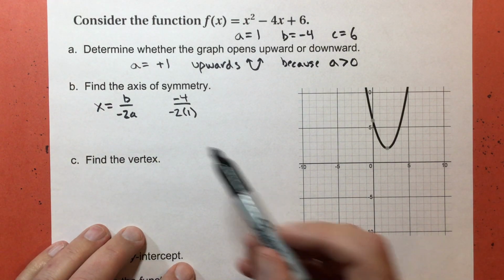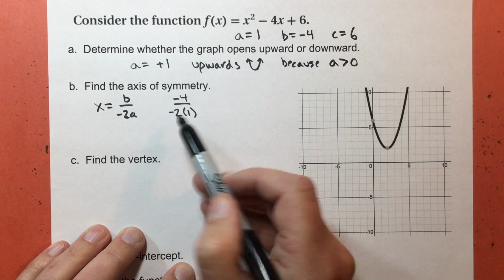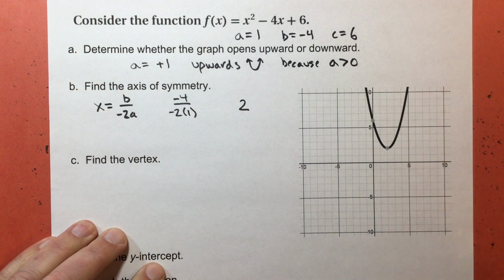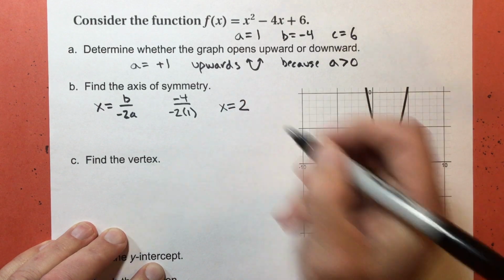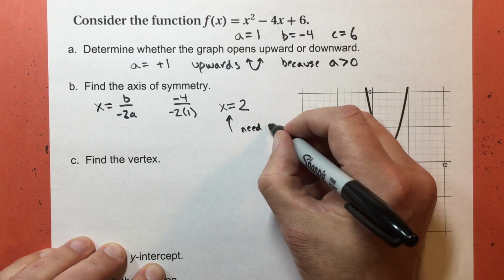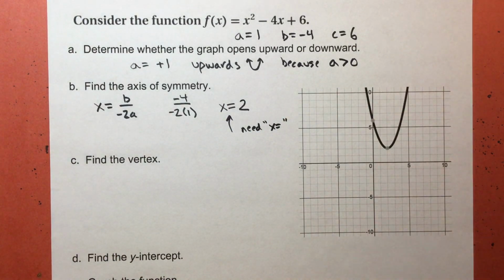But in this case, it's going to be nice. -2 times 1 is -2, and -4 divided by -2 equals 2. And if you stop and write 2, it will be wrong. Rewind that. If you stop and just write 2, I will not count it. The axis of symmetry is a vertical line. Vertical lines require an equation, so make sure that you include the x equals. Otherwise, you just give me a number.